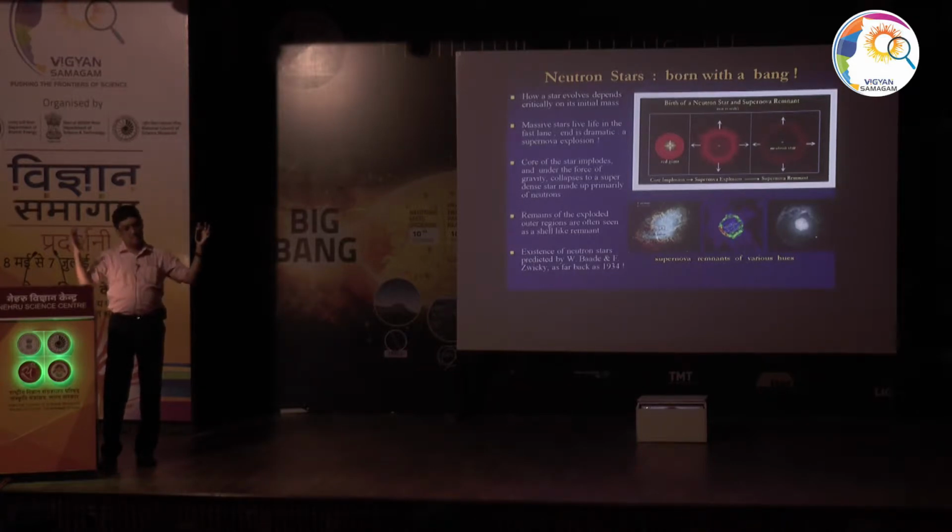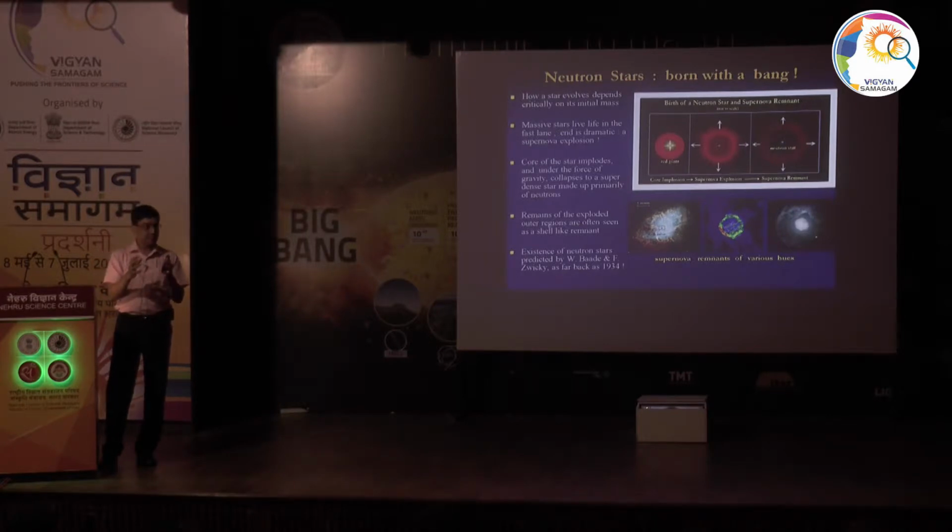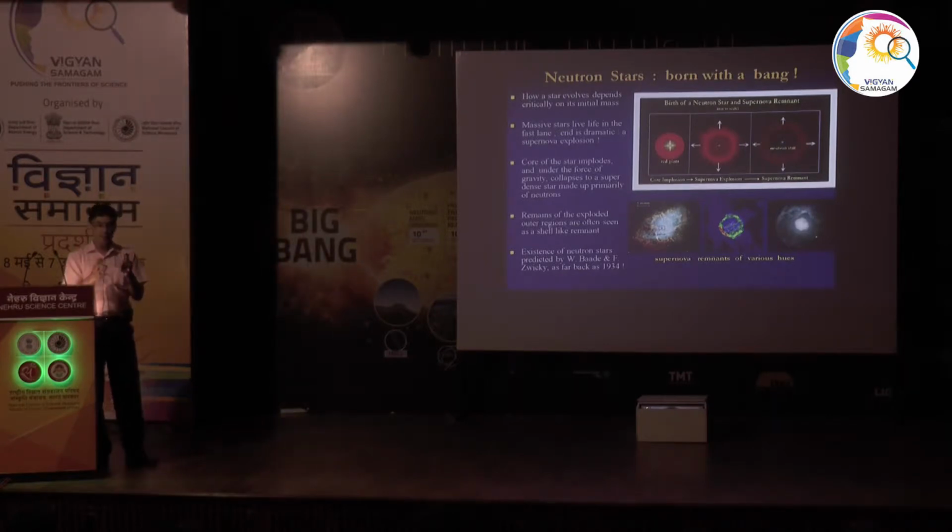Otherwise, matter will keep falling in as long as there is gravitational attraction. In a normal star, this happens the moment the density of this collapsing cloud of hydrogen reaches at the center enough density to start thermonuclear fusion.